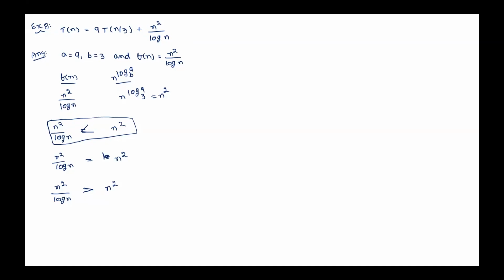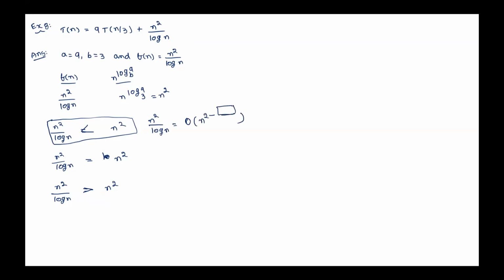But what is the condition we require in the master theorem? Is n square by log n smaller if I subtract some positive value from the exponent of n square? Does it still hold?